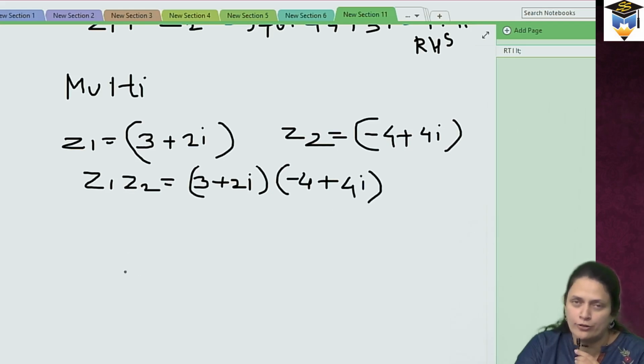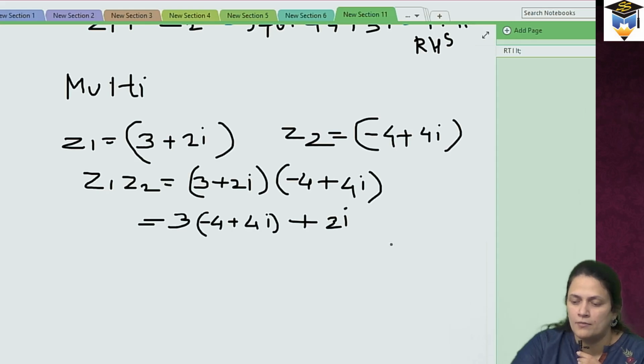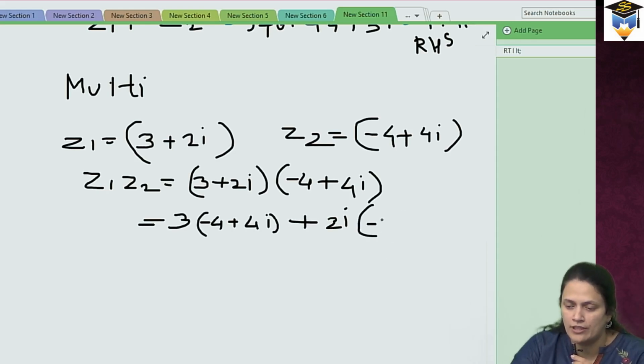So now what you need to do is take first 3, multiply this entire bracket by 3. Then take the imaginary part of Z1, and multiply each and every term inside the bracket of Z2 by 2i. So now tell me, what is 3 into minus 4?